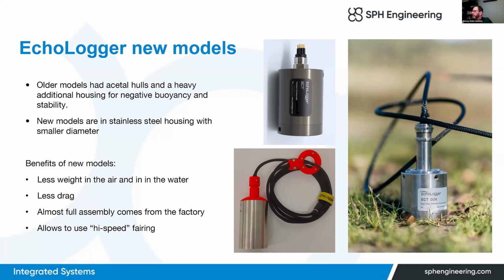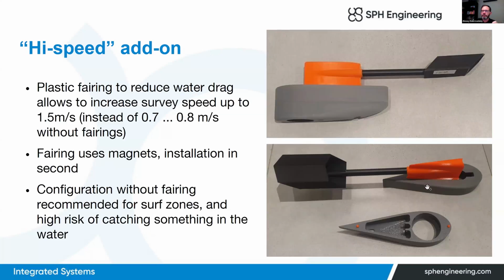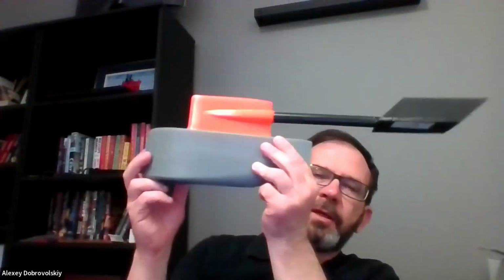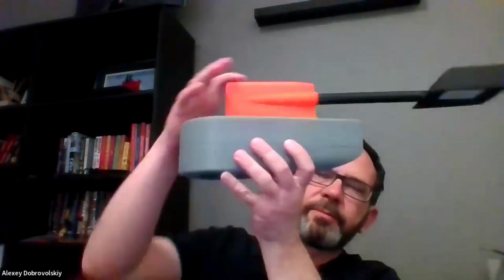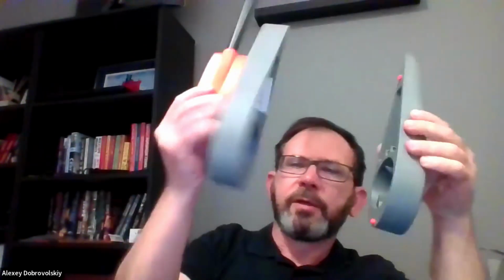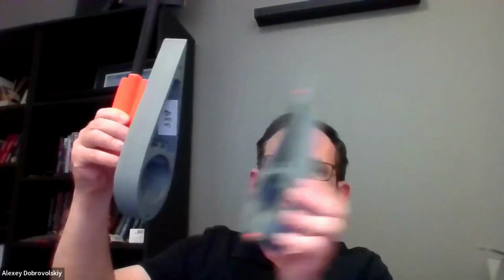Thanks to the smaller size of the sensor, we were able to design what we called the high-speed option, high-speed add-on. What is the high-speed add-on technically? This one. It's a fairing. It uses magnetic clamps. I hope it is visible.